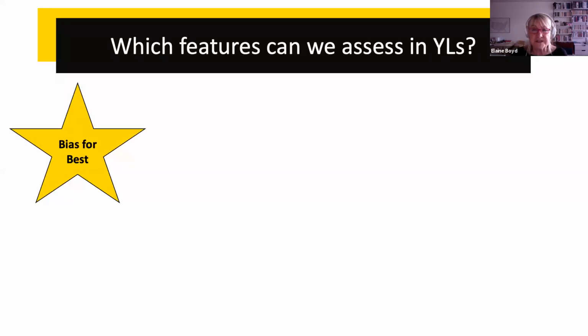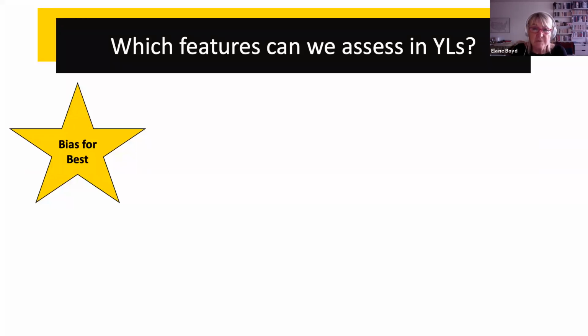Now, something which some of you may be familiar with, which we talk about in assessment, is a theory called bias for best. And bias for best means that you structure a task, in this case, a writing task, and the criteria that you're going to use to assess so that it's best for the student. You give them the best opportunity to win.